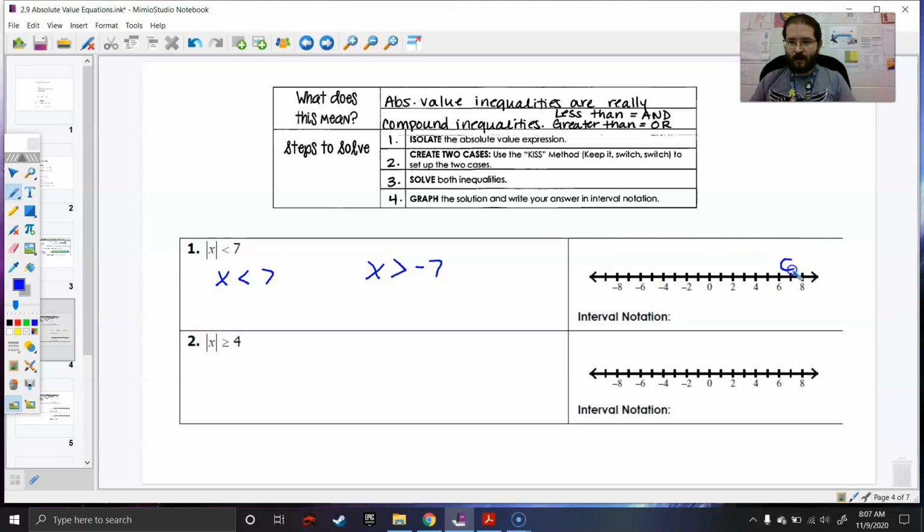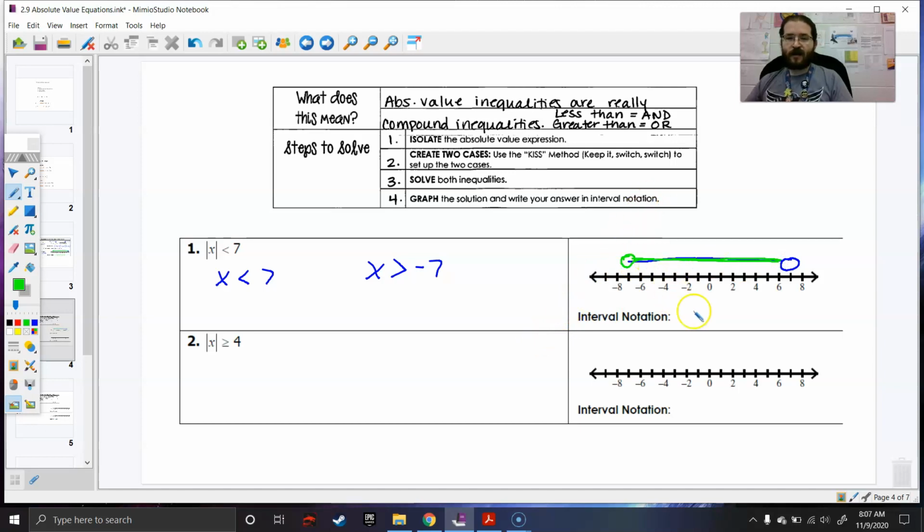We have our circle here, and we know it's going to be open. So we have that over here. We're going to use a different color for greater than negative 7, and we have it over here. That would be our solution set.